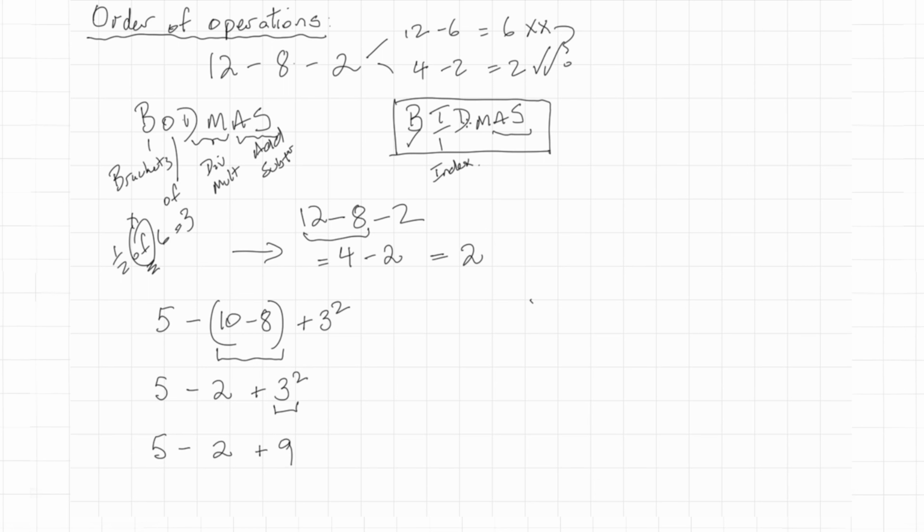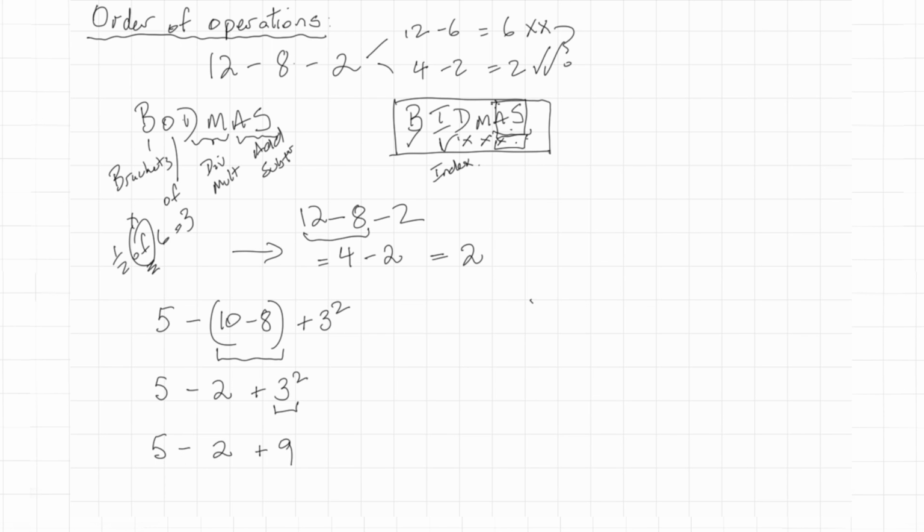Is there any division or multiplication to be done? No. So then we move on to addition and subtraction. We've done index, and there are no divisions or multiplications, but yes, there is addition and subtraction. So we do addition or subtraction as they occur left to right. They both have the same hierarchy.